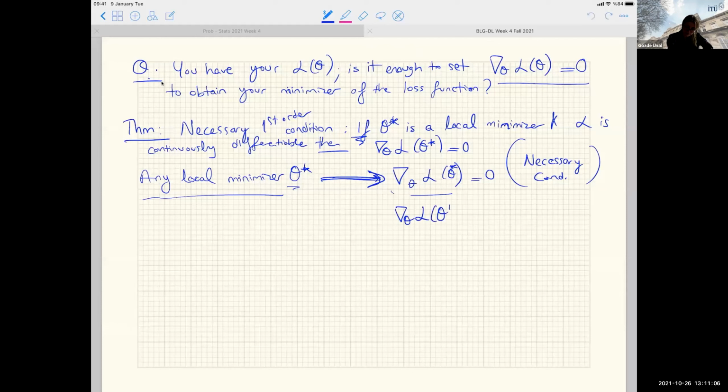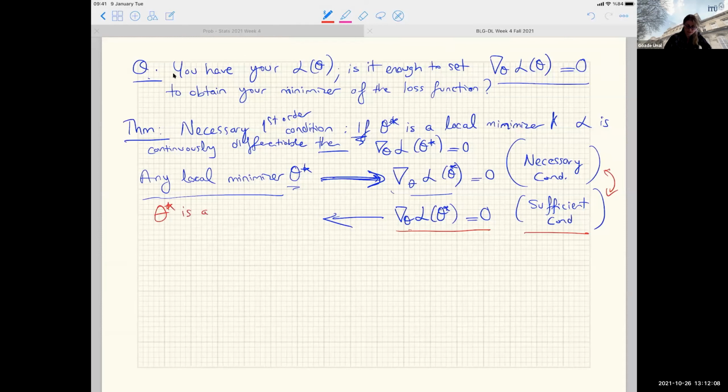When I say sufficient condition, I'm going the other way around. Given a theta star that makes my gradient vanish, this is true, so theta star in this case is a stationary point.